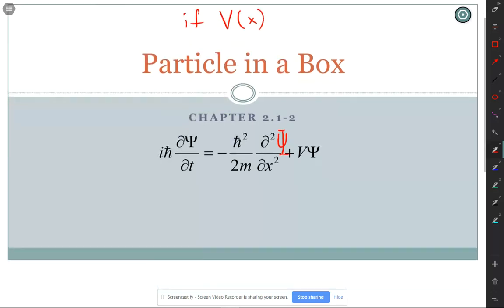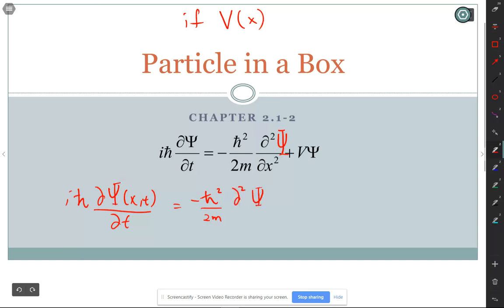So I can write this equation out as i h-bar partial psi of x comma t over partial t equals minus h-bar squared over 2m partial squared psi of x comma t over partial x squared plus V of x psi of x comma t.